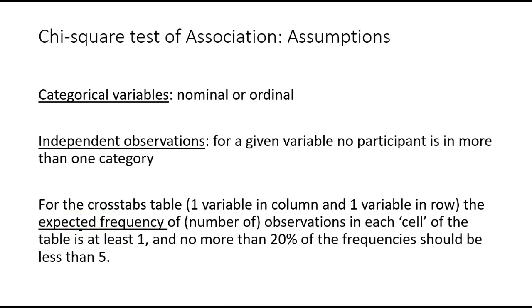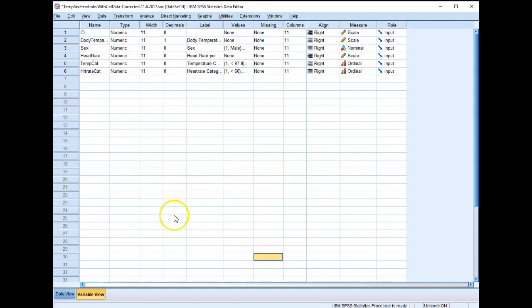Here we're talking about expected frequencies. There should be at least one in each one of those cells, and no more than 20% of these frequencies should be less than 5. And we will look at this assumption again when we do the chi-square analysis.